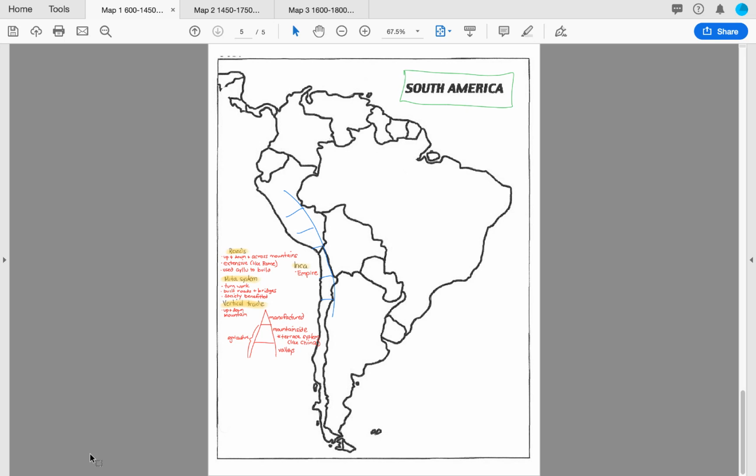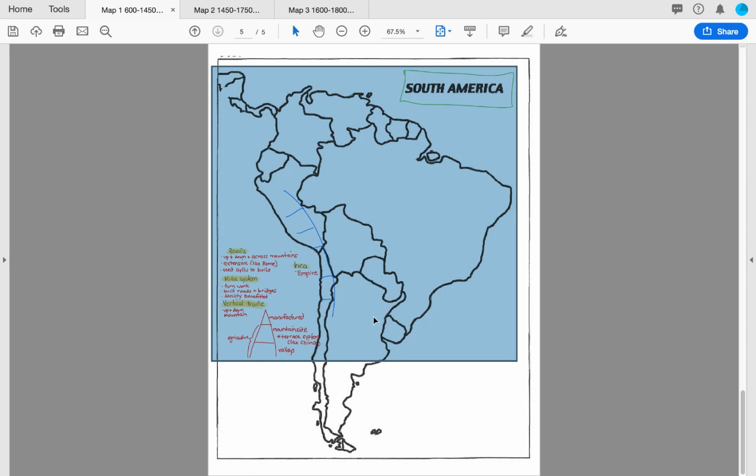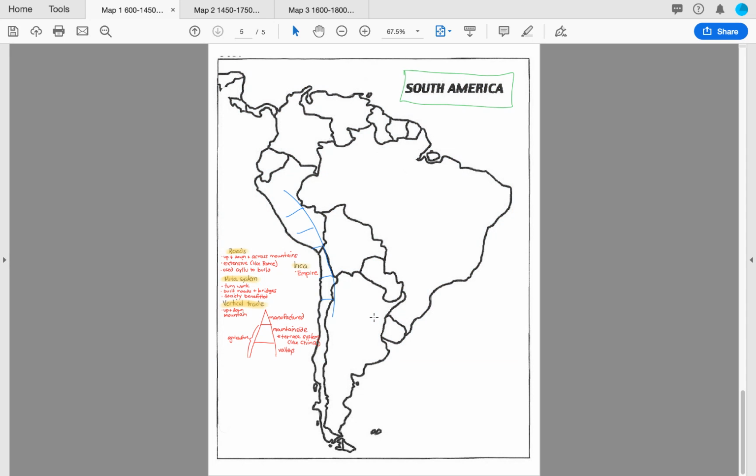So here they have the vertical trade, which was trade up and down the mountains, not over huge expanses of geography. So unlike other regions, the geographical scope was quite limited. So we're talking about just this area here. But the differentiation among the goods came from being either on the tops of the mountains, on the sides of the mountains, or down in the valleys.